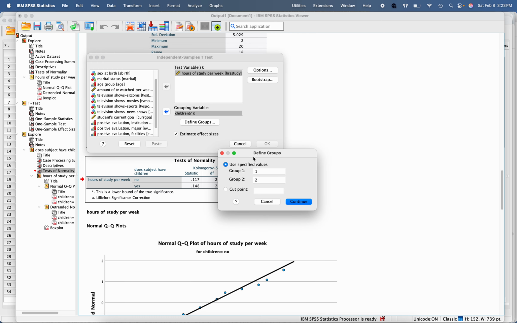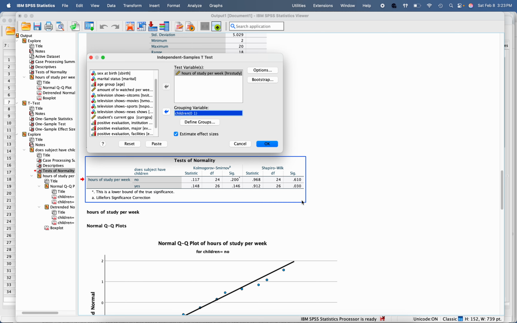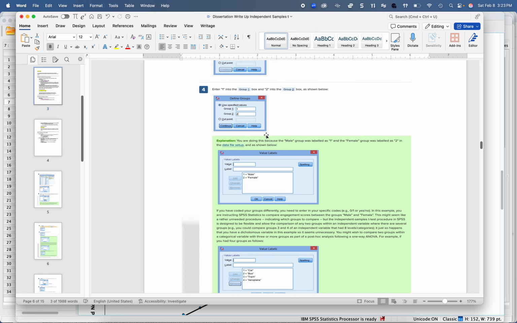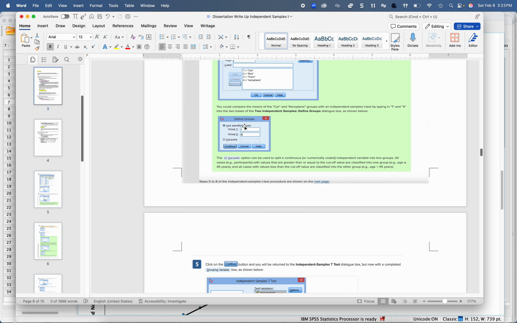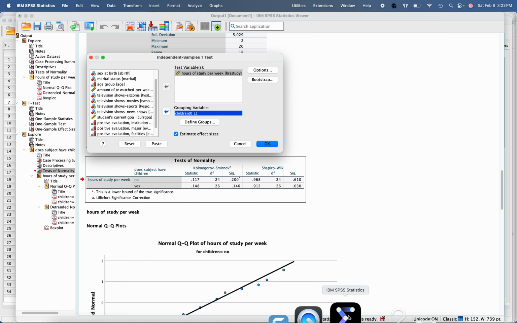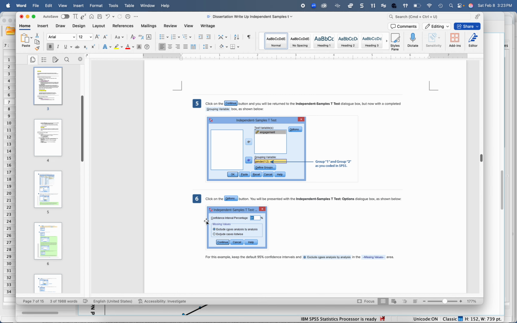So my groups would be a 0 and a 1 because those are the labels that I used. Once I have my expected groups, I'm going to click continue, and you should see that that populates. See how it says children 0, 1. That's how I know I did it correctly.